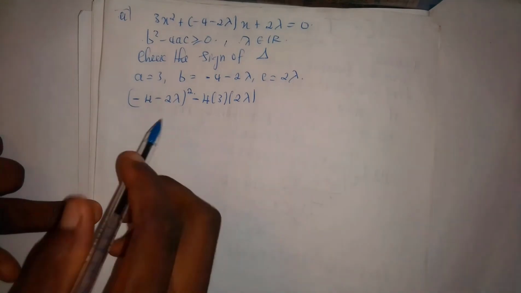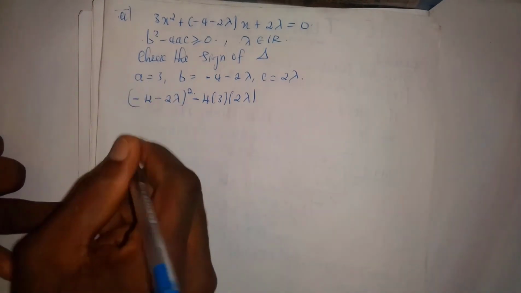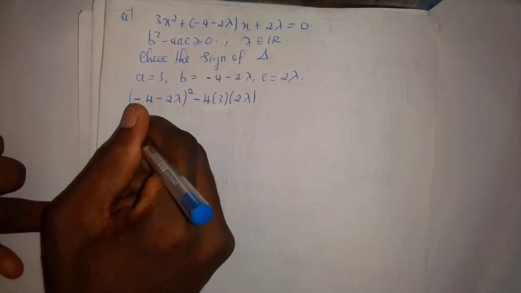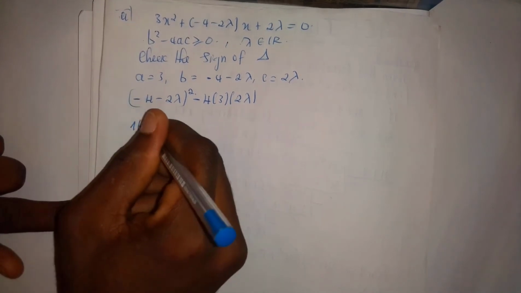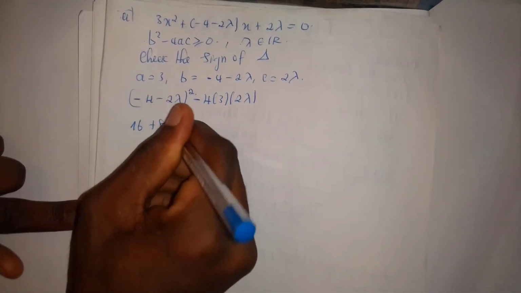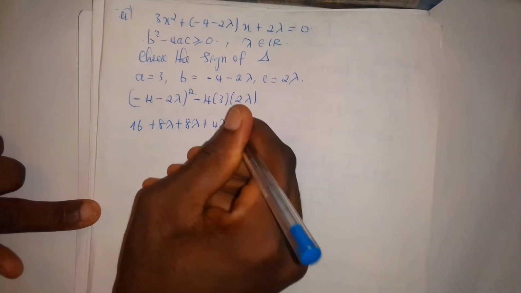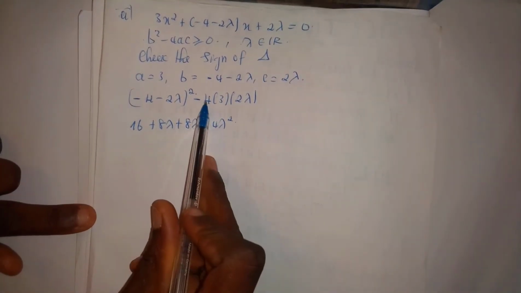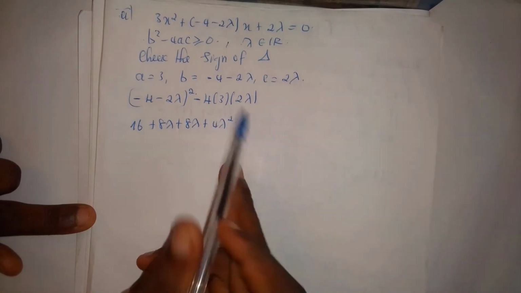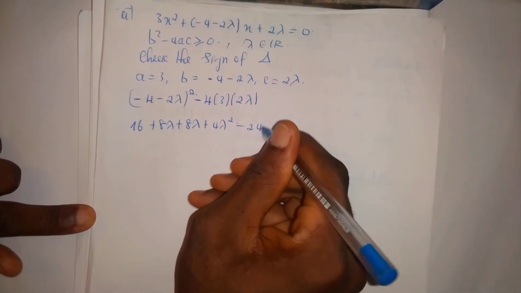So expanding this expression, we are going to have 16 plus 8 lambda plus 8 lambda plus 4 lambda squared. Now at this level we have 4 times 3, which is 12, times 2, 24, so it will be minus 24 lambda.